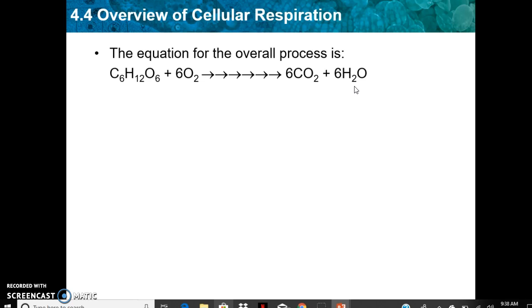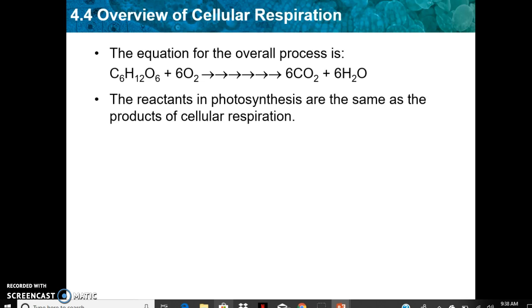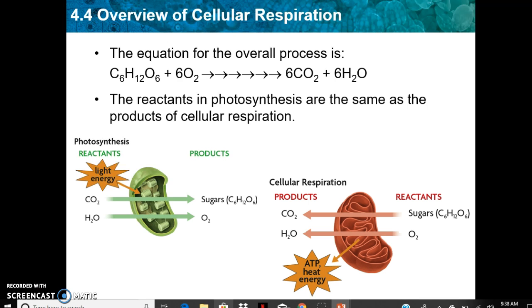Which just so happens to be things that plants need to get their process started in photosynthesis. The reactants in photosynthesis are the same as the products of cellular respiration. So again, this is just showing that those are mirror images of one another.